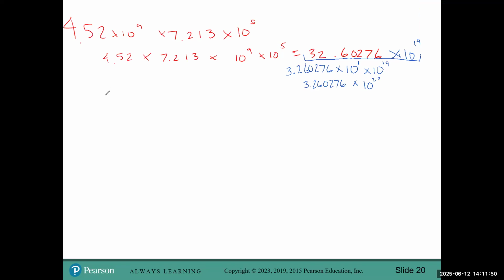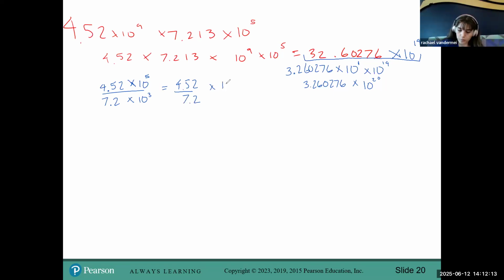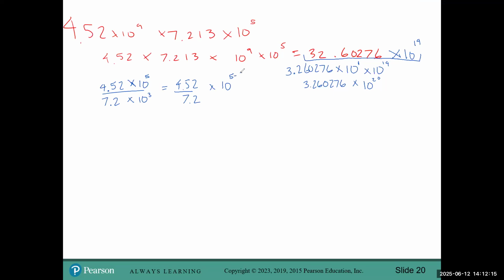Yes. So let's do, for example, 4.52 times 10 to the fifth divided by 7.2 times 10 cubed. Okay. So now I'm going to do 4.52 over 7.2 times 10 to the fifth, or to the 5 minus 3, right?